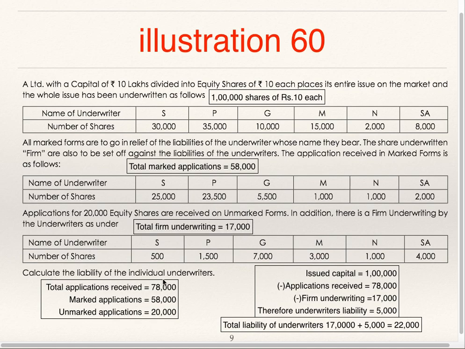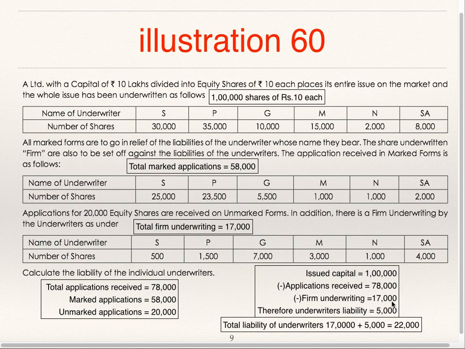Calculate the liability of individual underwriter. What is issued capital? 1 lakh. How many applications they have received? 78,000. 1 lakh minus 78,000 is total liability of underwriters, but firm underwriting is 17,000. So issued capital minus applications received minus firm underwriting.